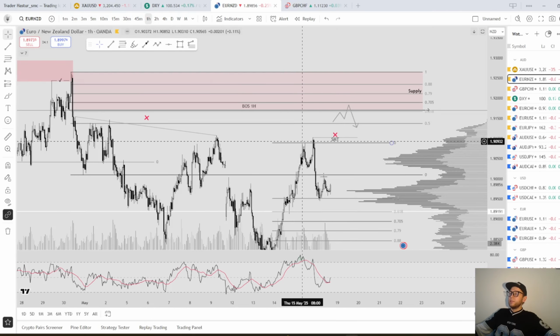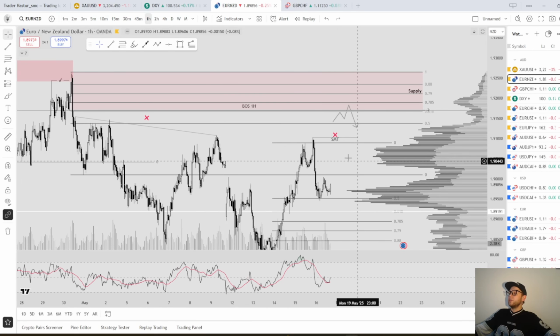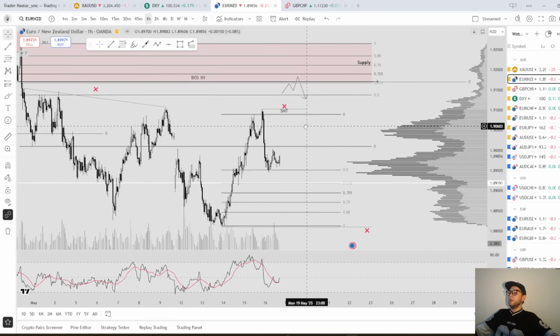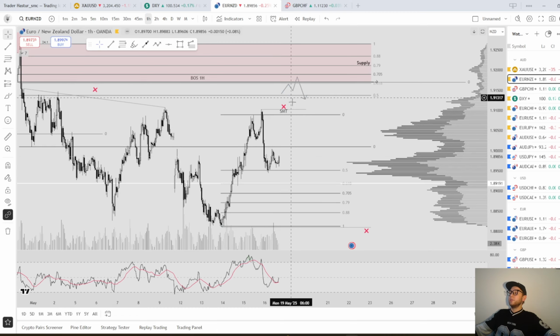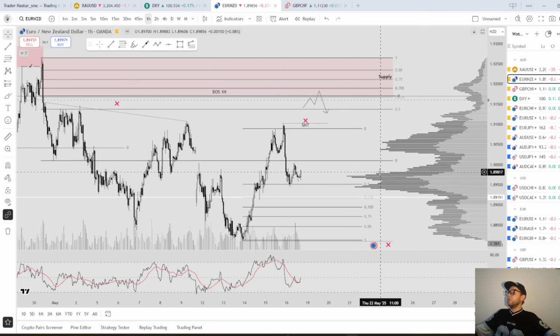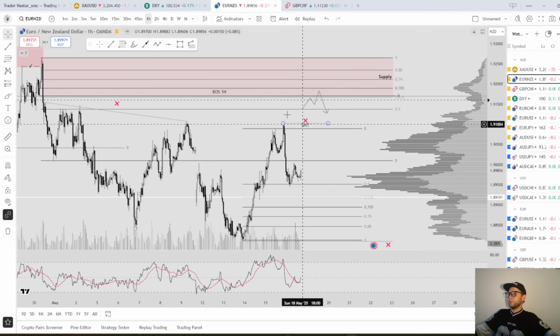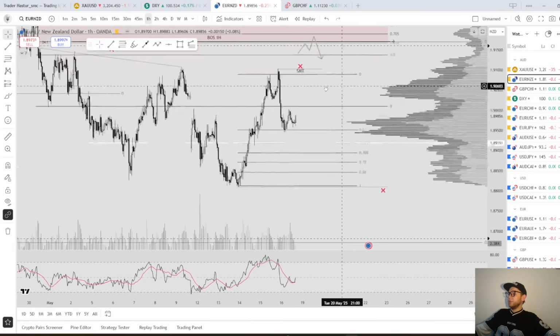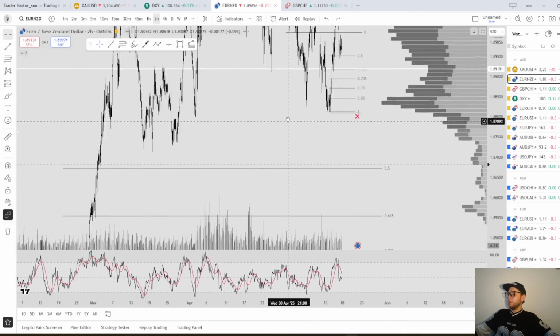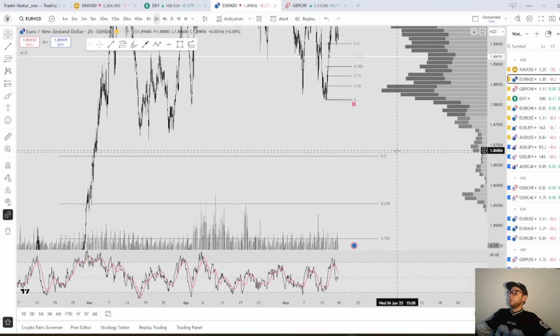I don't believe that is a real break of market structure because price already mitigated the 0.5 Fibonacci level here, and I expect an impulse till this bearish supply zone, and after it I expect a reversal on the lower time frame, and our target will be till the 0.05 zone.